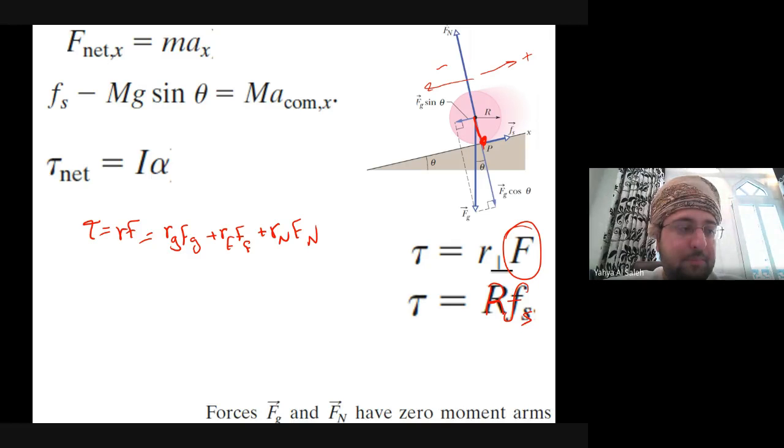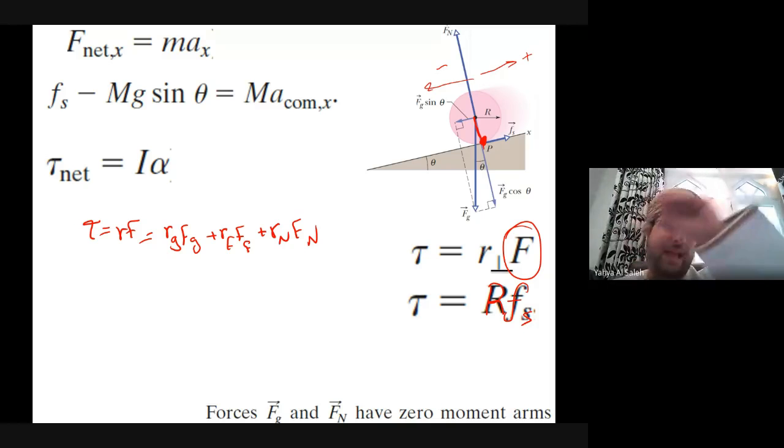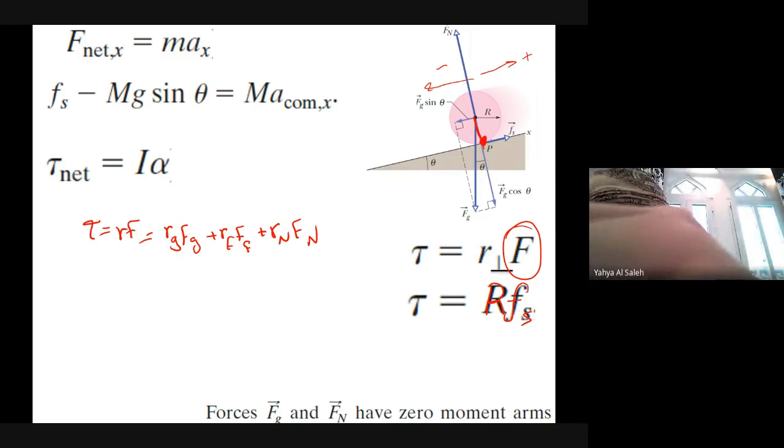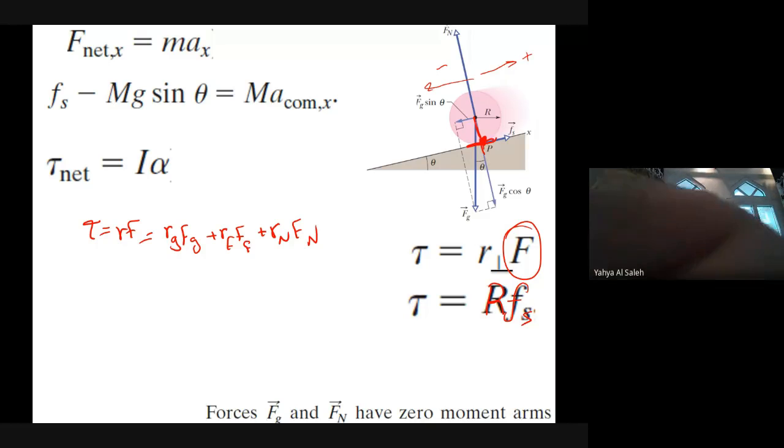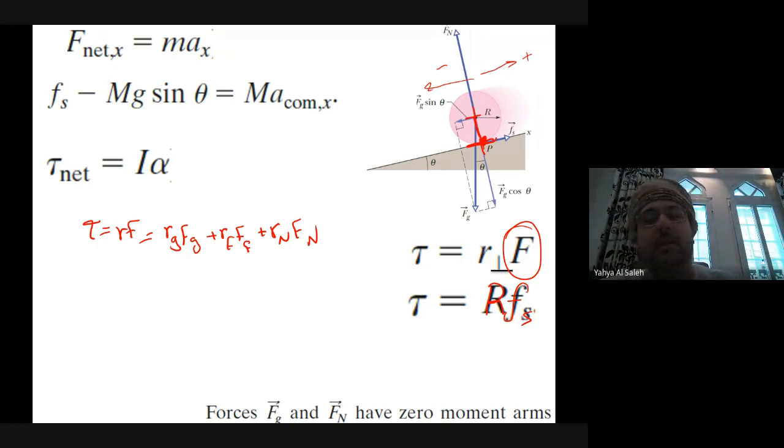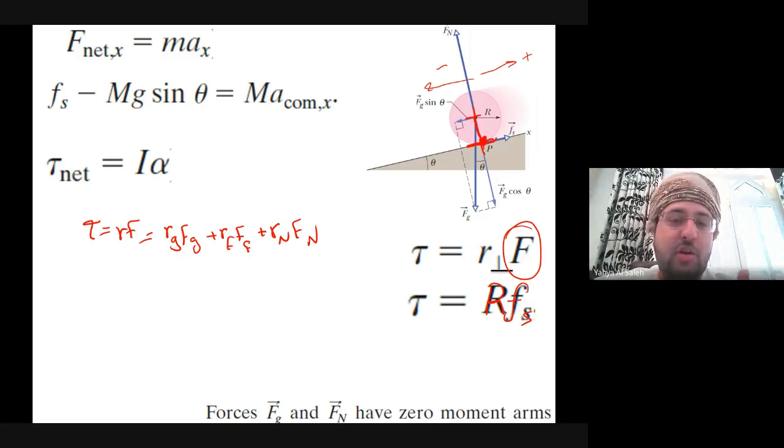Given that point P is the point where the rotation is happening, that's the center of rotation. So bear in mind, center of rotation is point P, but center of mass is this point. Center of rotation and center of mass are not the same in this problem.